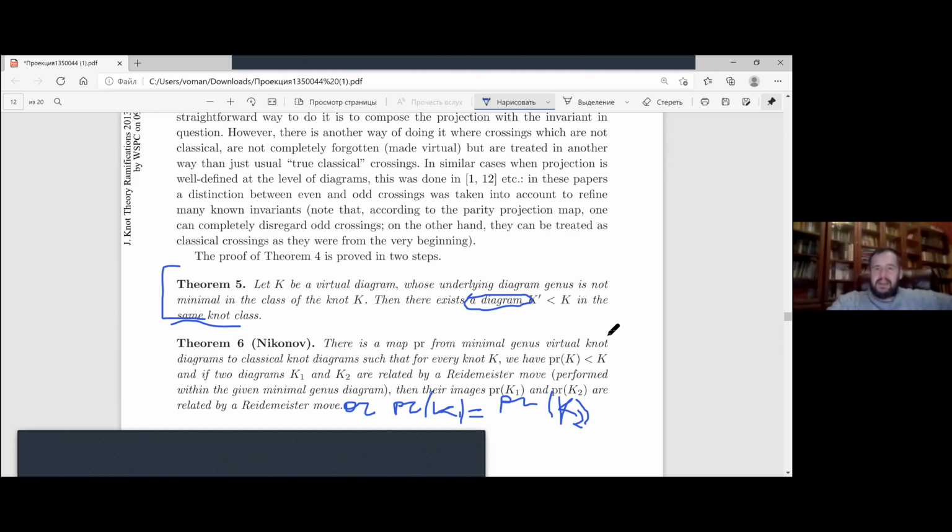Theorem 6 is not an ambiguous theorem. Theorem 6 is a theorem where everything is determined uniquely, and the main idea here is projection. In fact the idea is very simple. Any surface of genus greater than zero is covered by the universal cover, which is a plane in the case of the torus or the Lobachevsky plane in the case of higher genus. So any diagram which has genus 1 or 2 or more can be covered by something, and crossings which correspond to homotopically non-trivial things will disappear.